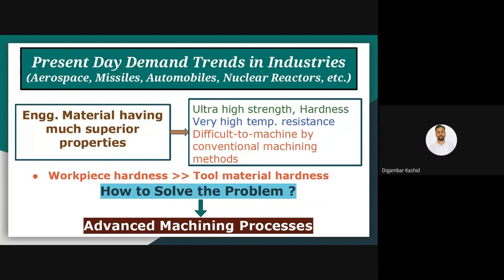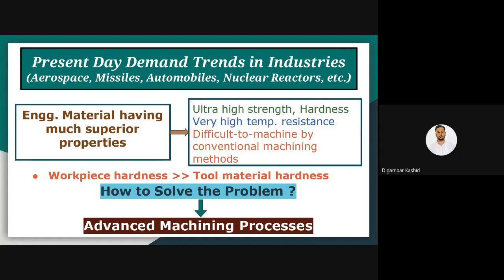It becomes very difficult to machine them by our traditional or conventional machining methods, because the basic principle of conventional methods is that the hardness of your tool material should be much higher than your workpiece material hardness. We know that, or I have already told that.